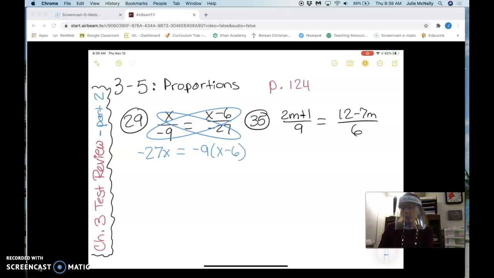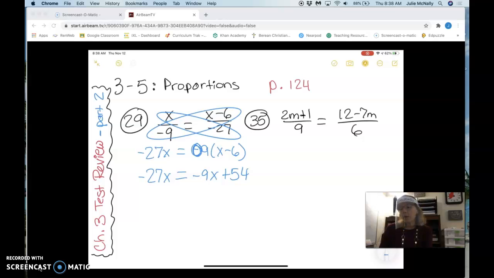That way I don't make mistakes with that negative. So I'm going to bring this down again, because I'm not changing that for now. And negative 9 times x. Yep, and negative 9 times negative 6. Yes, good, Ethan. Don't forget that negative when you're distributing. It changes the sign on the 54.